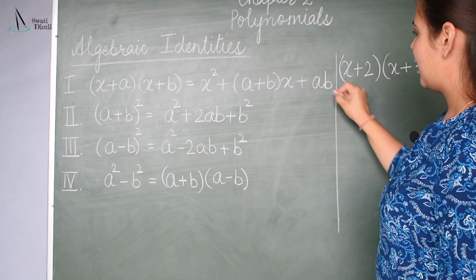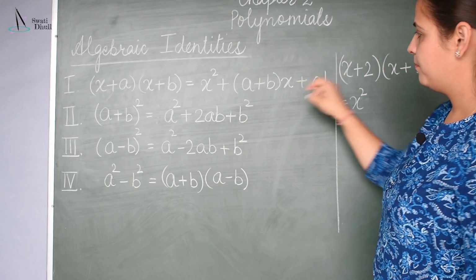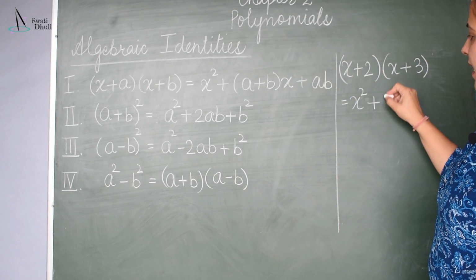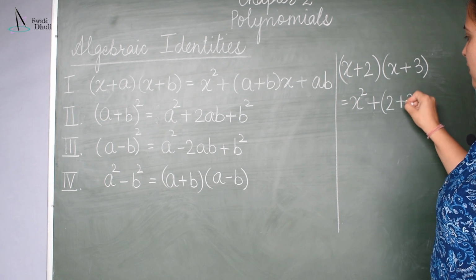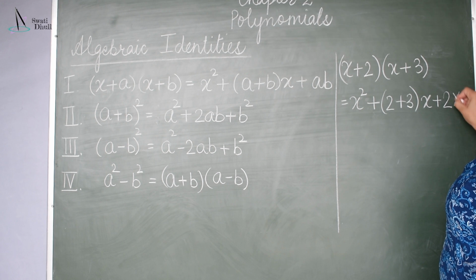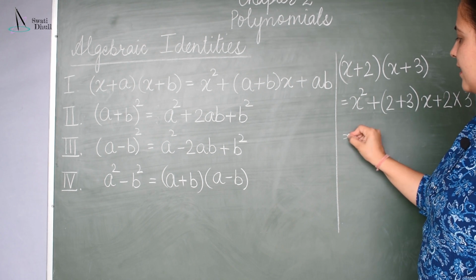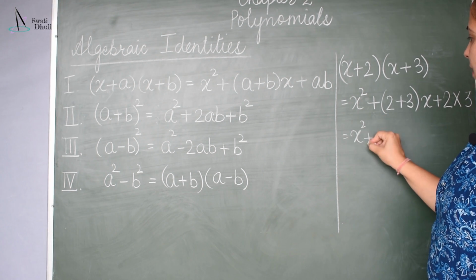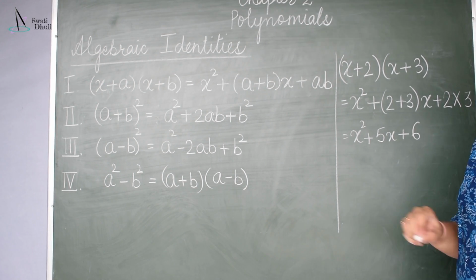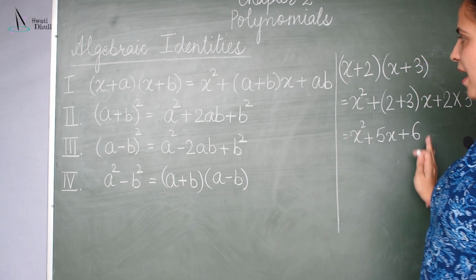So you can write x² first term, plus (a + b), which is 2 + 3, times x, plus ab, which is 2 times 3. So you get x² + 5x + 6. This is how you can expand it.